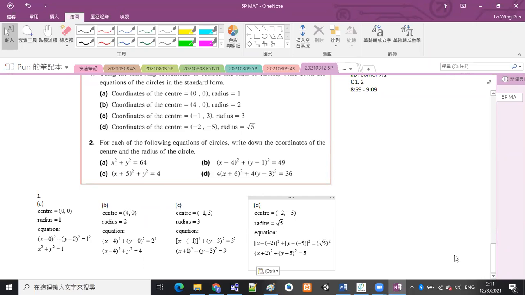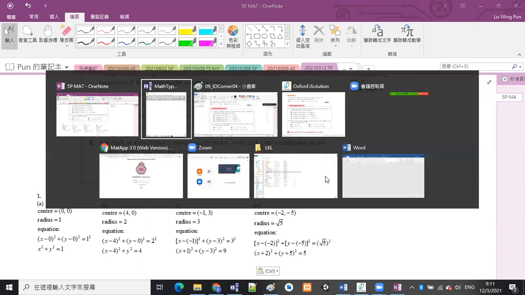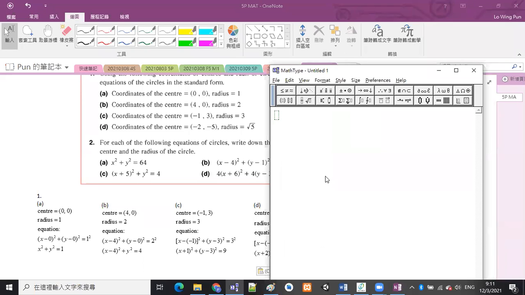And then for number two, part A. We have x squared plus y squared equals 64. No number multiplying means 1 times.